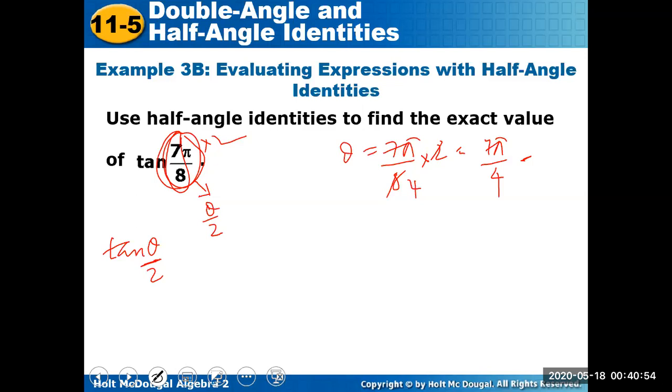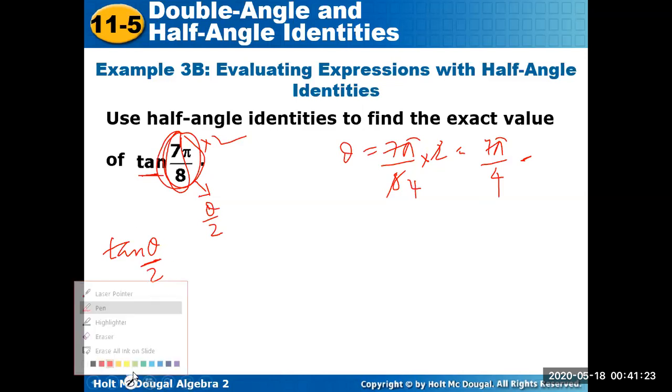That means it is less than 1. It is more than 0.5 but less than 1. So it's in the second quadrant. So your theta by 2 is in the second quadrant, and tan is negative in the second quadrant.